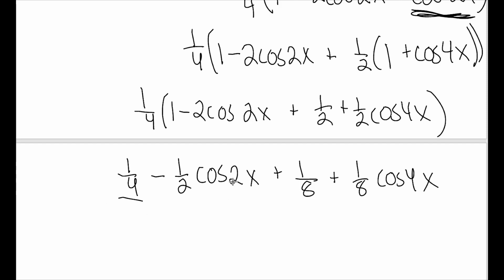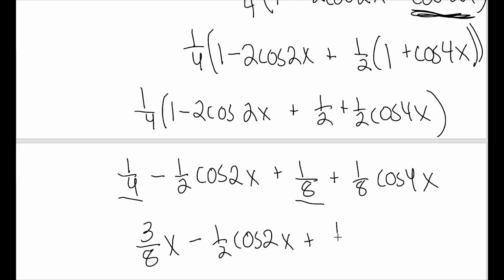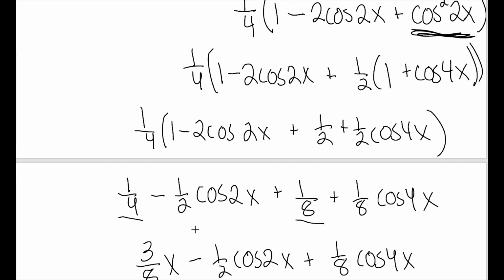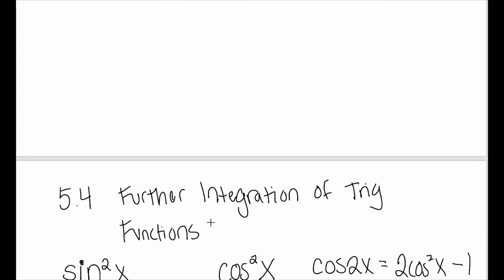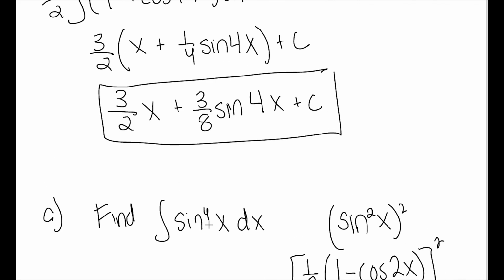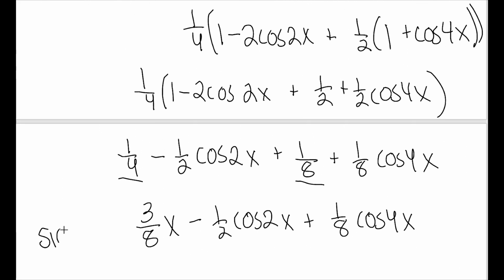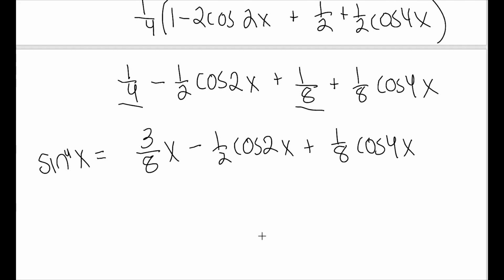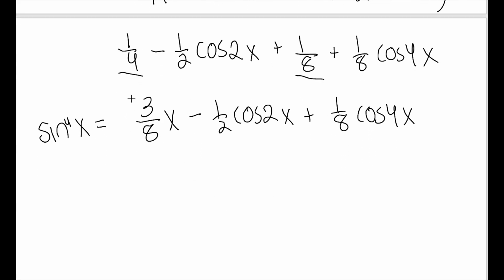Okay, combining like terms, 1/4 and 1/8 becomes 3 over 8 minus 1/2 cosine 2x plus 1 over 8 cosine 4x. So this is equivalent to our original equation, which was sine to the fourth x. So that means this is what I now need to integrate.